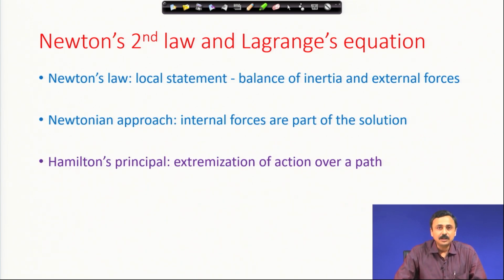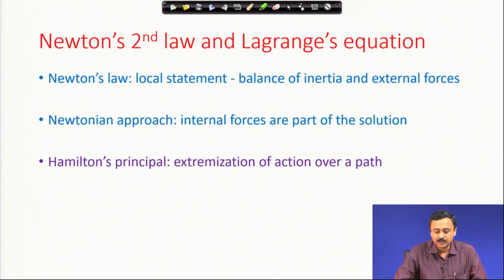When we discussed analytical mechanics or analytical dynamics, we started with Hamilton's principle. This statement of Hamilton's principle says that something is minimized over the whole path of the system, or the whole time of travel of the system, or the time over which I am observing the system.